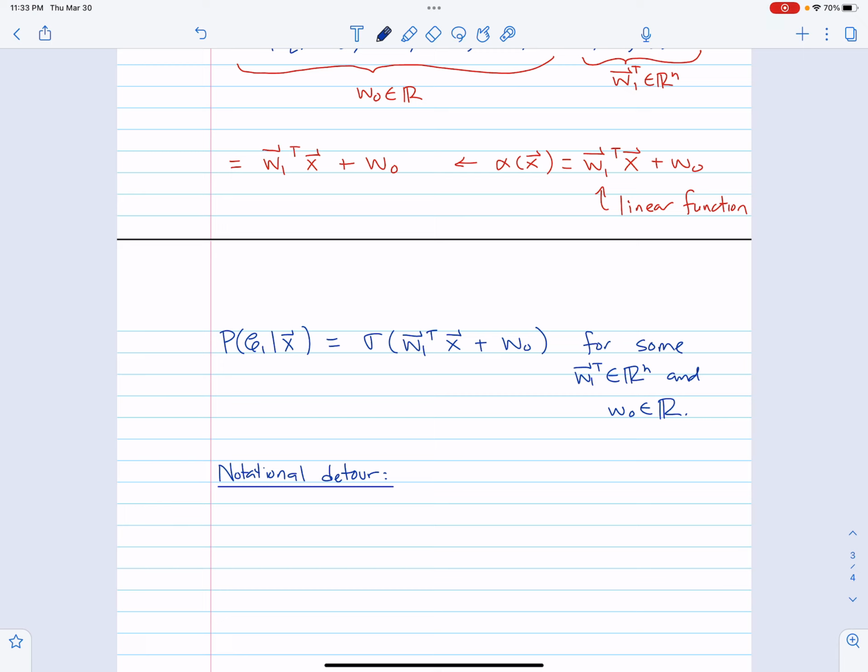So we're going to say, okay, if my x vector is x1, x2, up to xn, I'm going to write down a change of coordinates where z is just the vector that I get by taking a 1 and putting it in front of the x's.